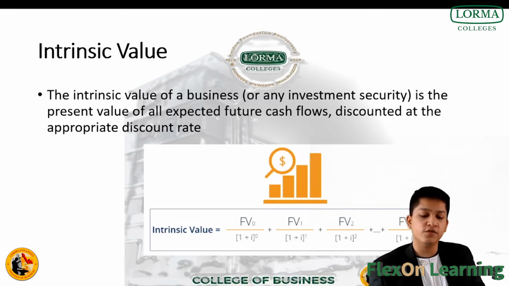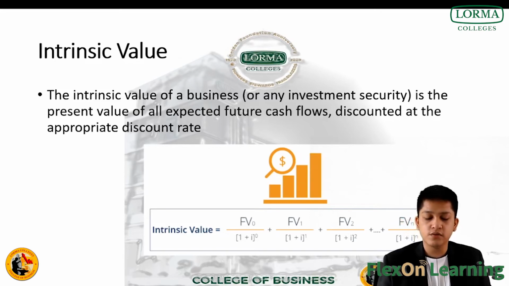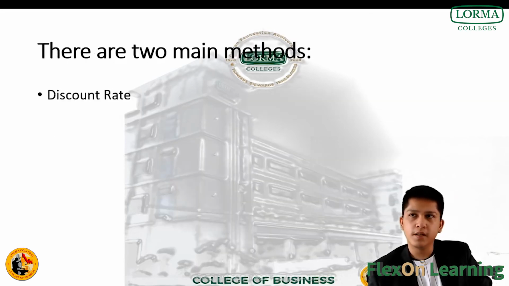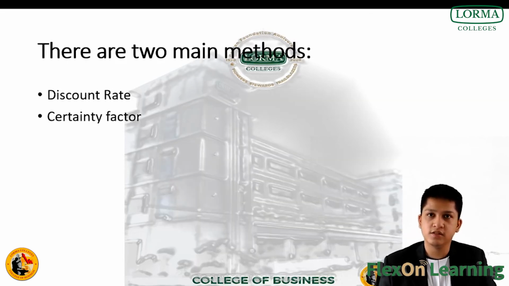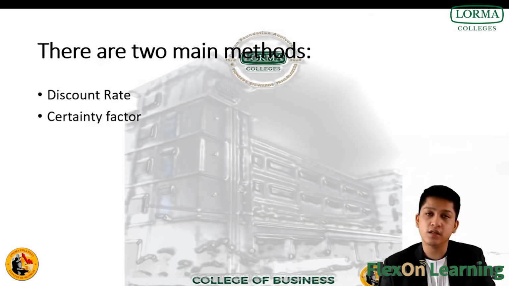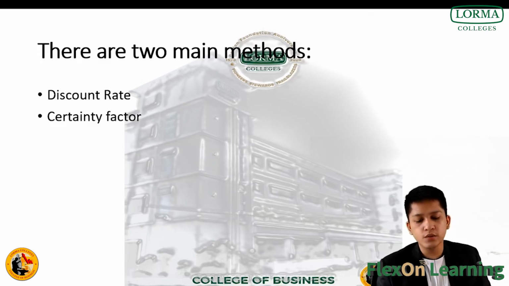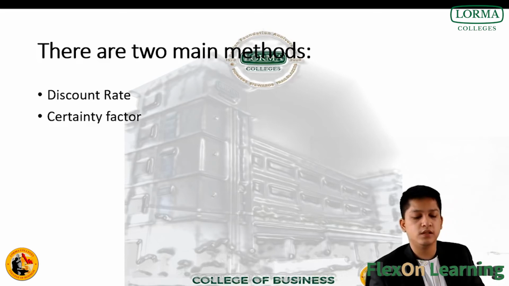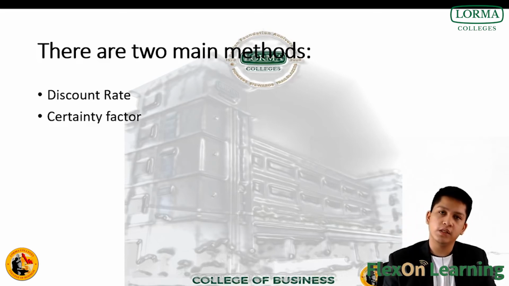The task of risk adjusting cash flows is very subjective and a combination of both art and science. We have two main methods here: the discount rate and the certainty method. When we talk about the discount rate, it includes a risk premium and an adequate discount to the cash flow.